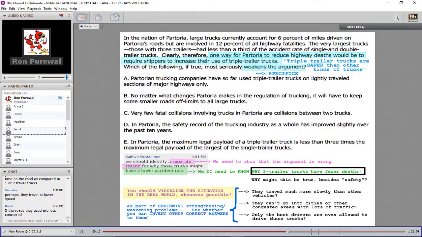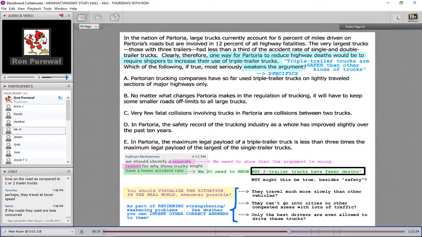If it's something as obscure as that one about leavened bread, then maybe not. But if it's something like this, where you can actually imagine trucks on a highway in the real world, then you should do this. You should think about the situation and see if you can come up with other reasons why these things might be true.